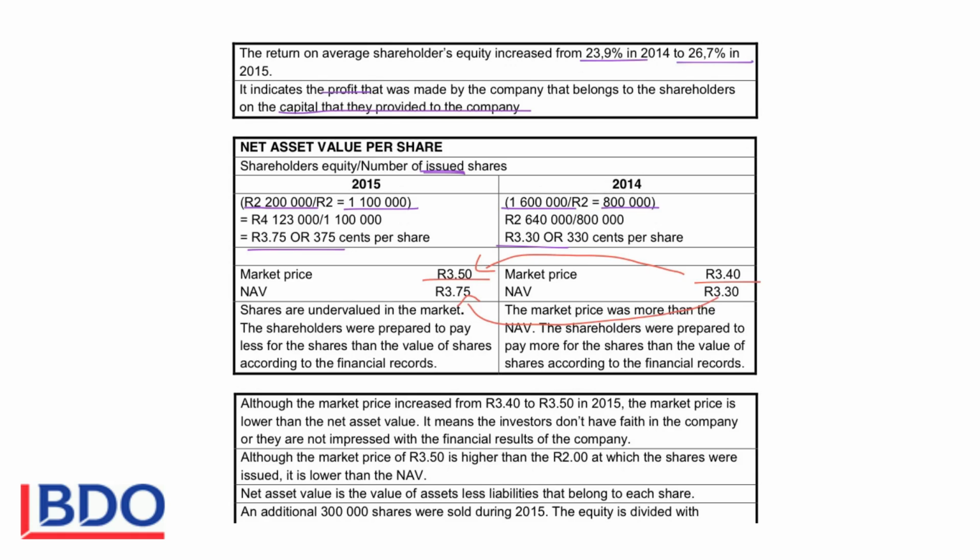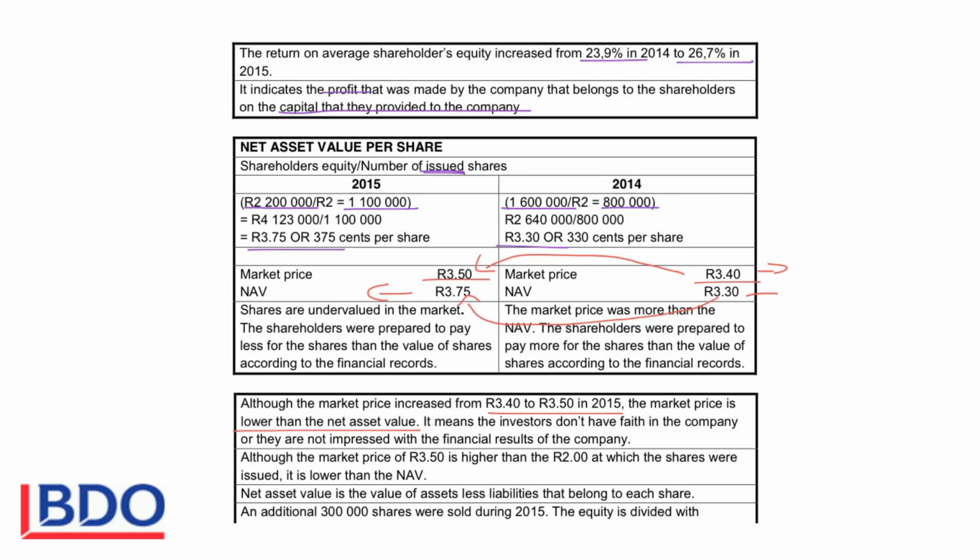But what is the problem now? In the previous year, the market value was higher than the net asset value. In the current year, the net asset value is higher than the market price. Although this market price increased from R3.40 to R3.50 in 2015, the market price is now lower than the net asset value.